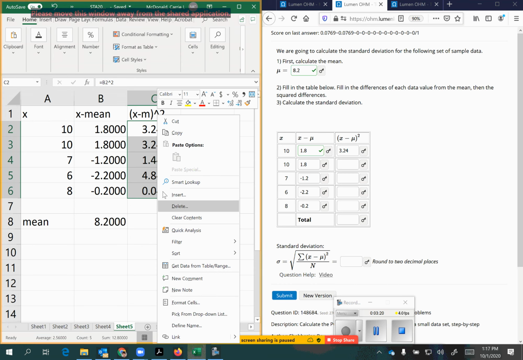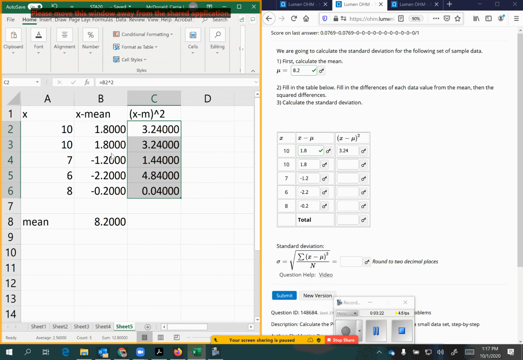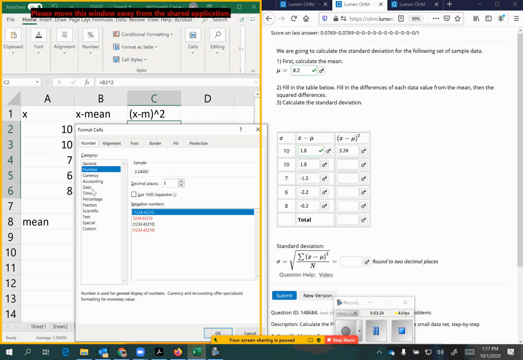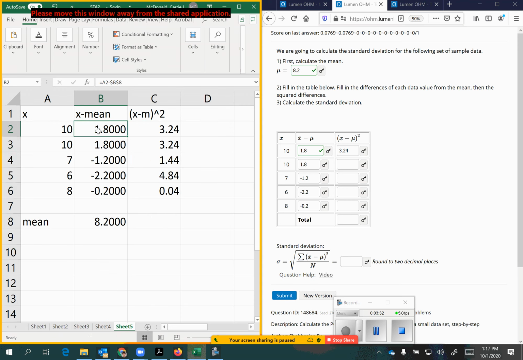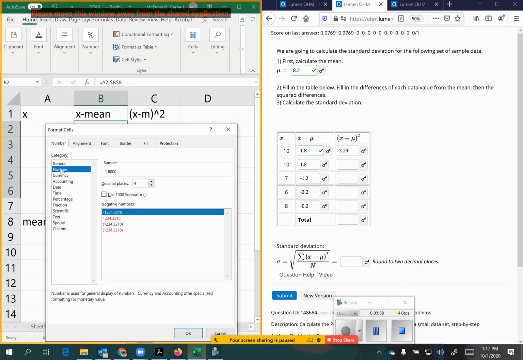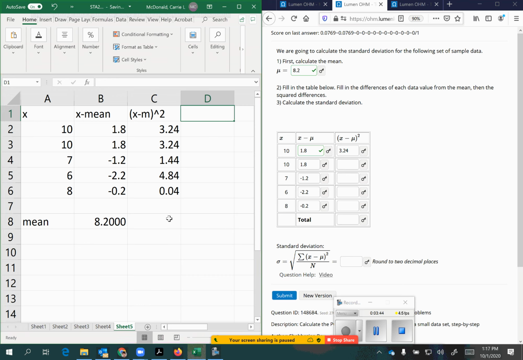I kind of want to just have it look cleaner, so I'm going to put it back. Or you can also make the column smaller, and sometimes that'll make it look nicer too. But I'm going to go ahead and reformat these. Just right-clicking, format cells, and then put the number of decimal places that I want to see. Okay, so I'll finish entering this data.